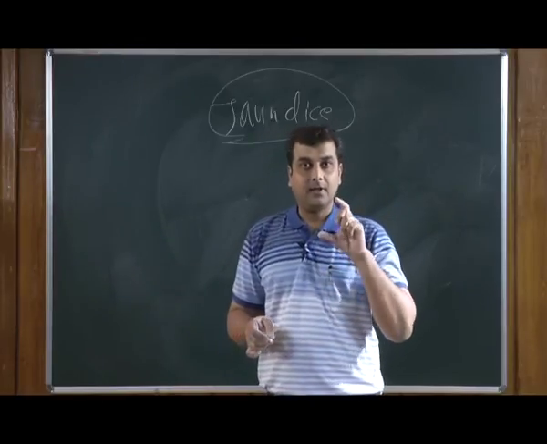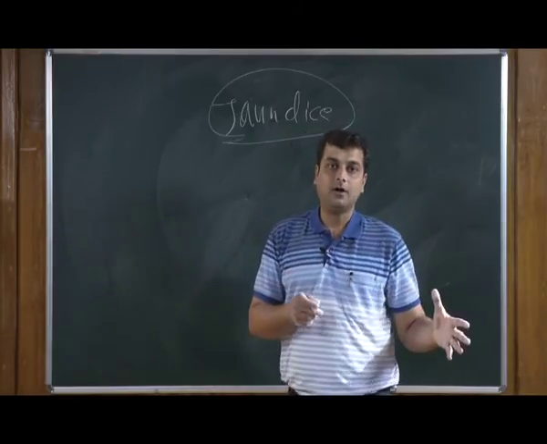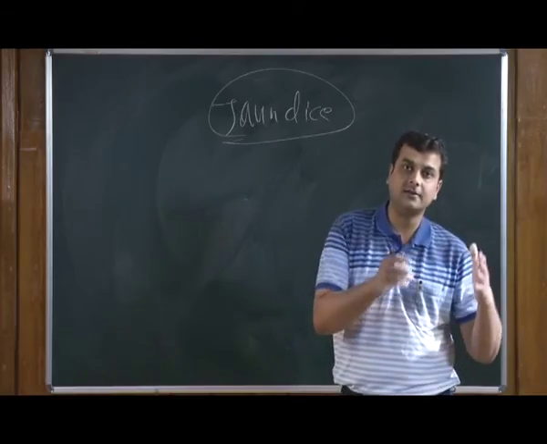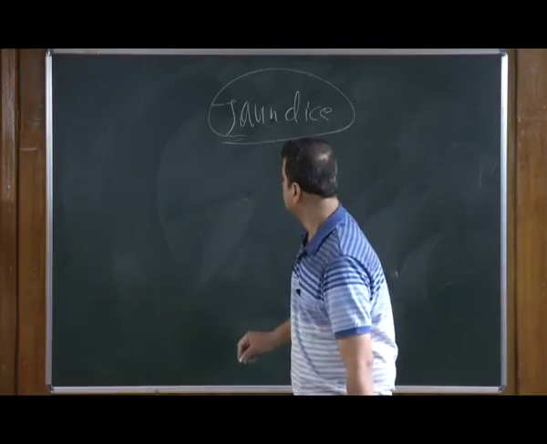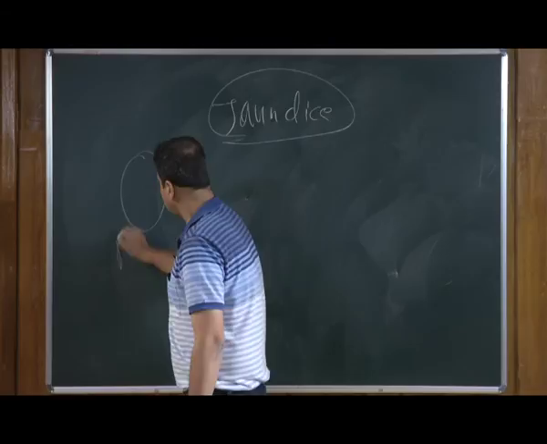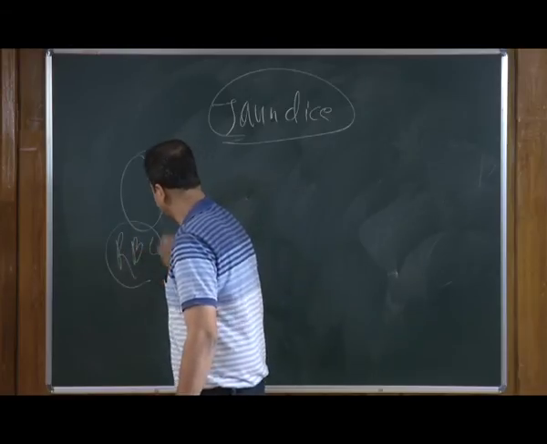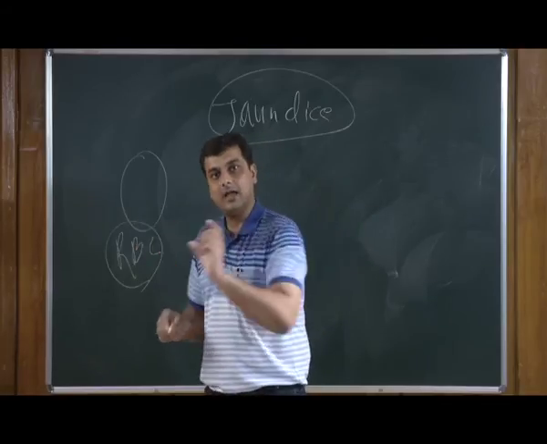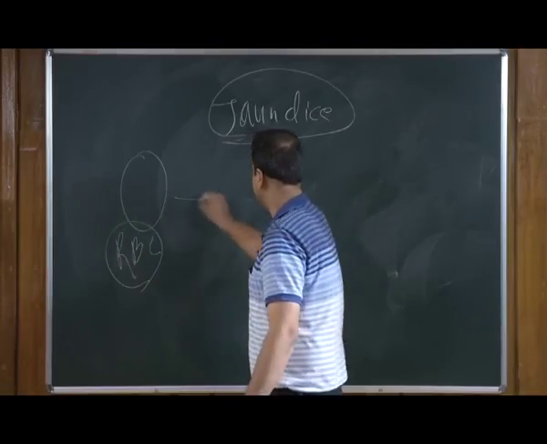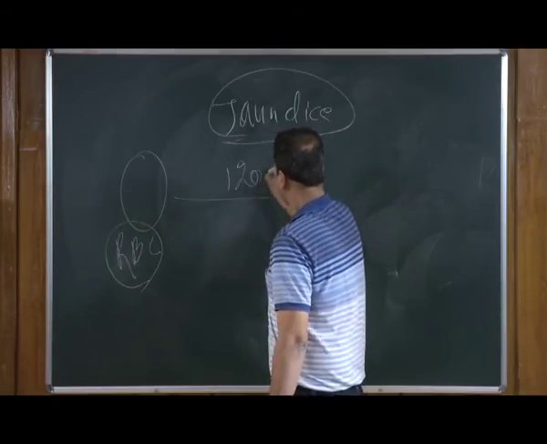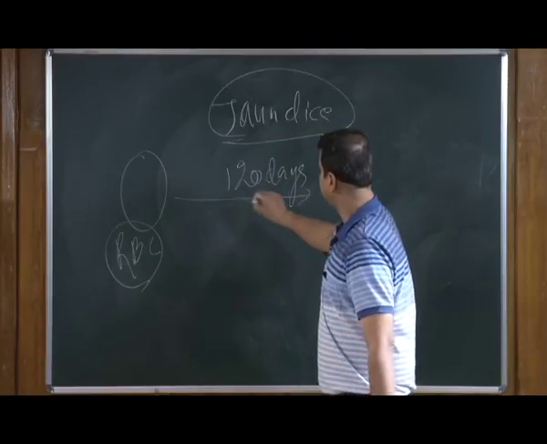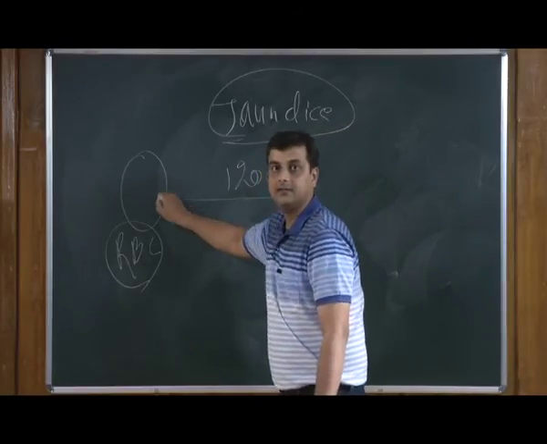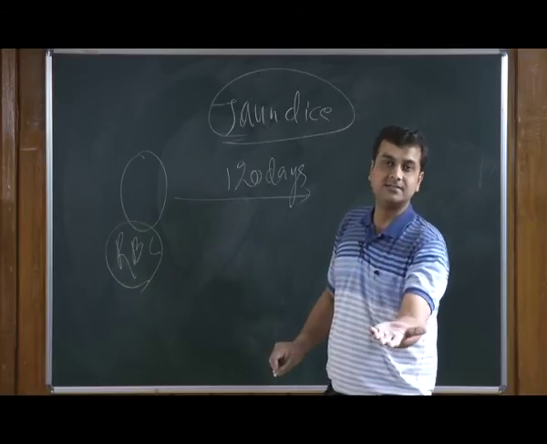Now, each and every cell of the human body has a certain finite lifespan. So, suppose we are talking about an RBC. An RBC has a lifespan of approximately 120 days. So, after 120 days, this RBC will be destroyed and a new RBC will be formed.